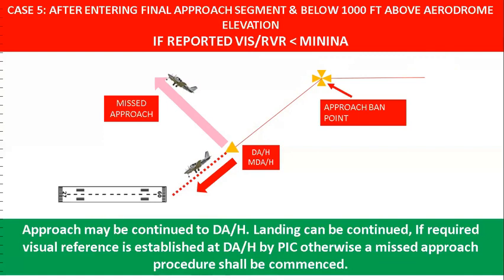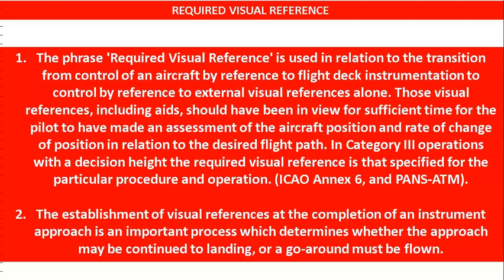In this case, I can continue up to the decision altitude or height. At the decision altitude or height, if the required visual reference is established, I will carry out a normal landing. If the required visual reference is not established at the decision altitude or height, I will carry out a missed approach procedure.